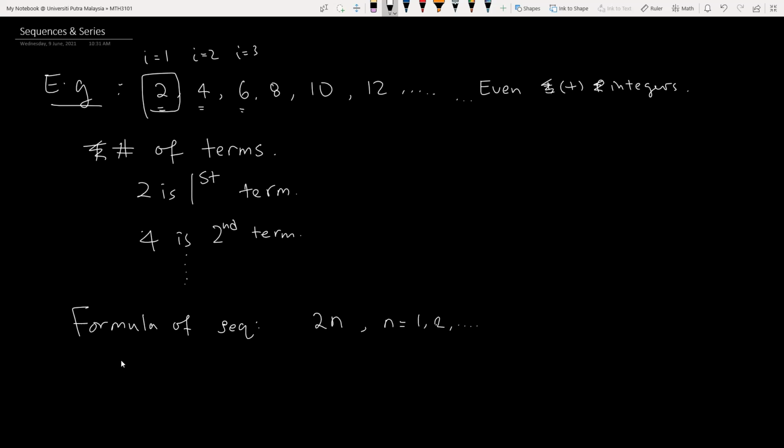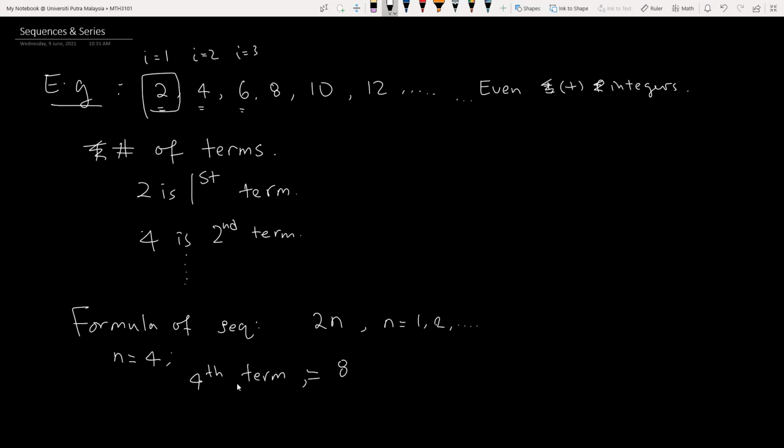Let's say if I want to find n equals 4, so when n equals 4, my term will be, this is the fourth term, which equals 8. Okay. So yang ni senang je lah sebab dia cuma even numbers.